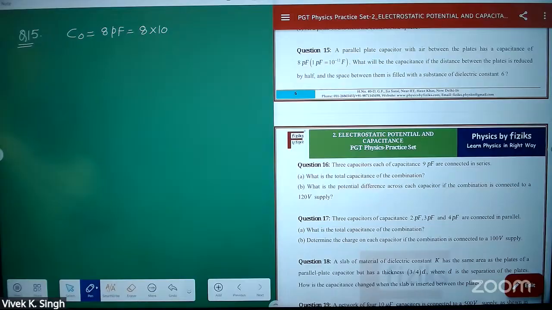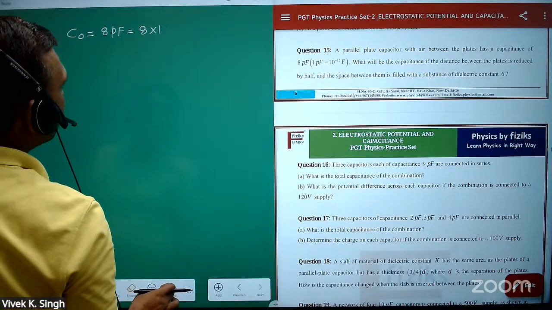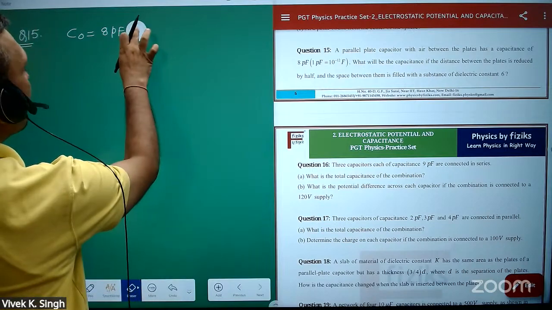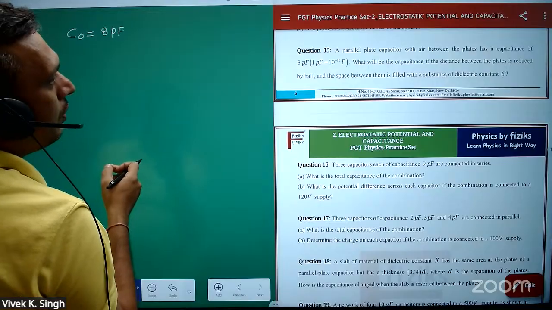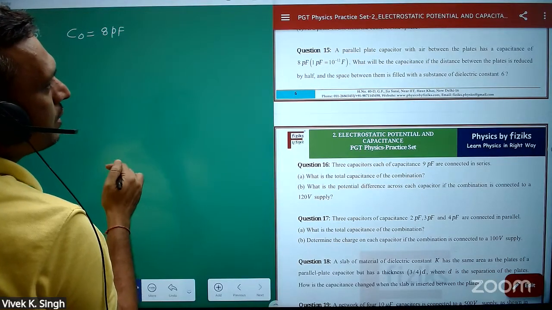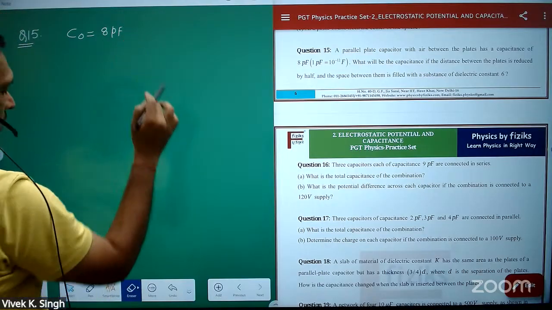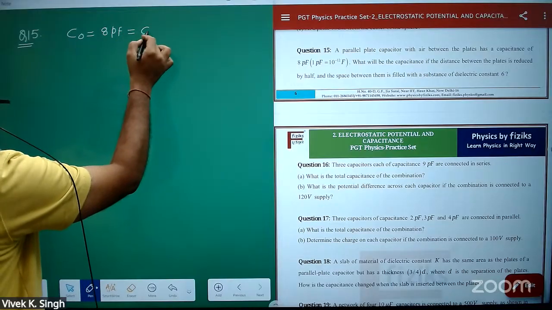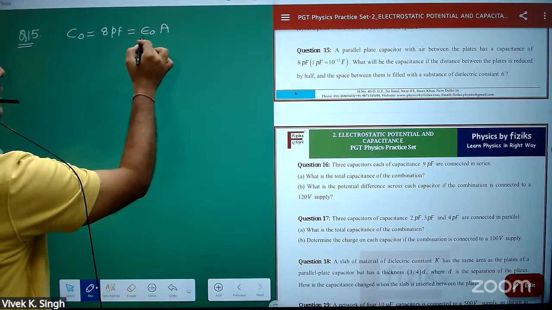Let's calculate in picofarad itself. What will be the capacitance if the distance between the plates is reduced by half? C naught is epsilon naught A by d.